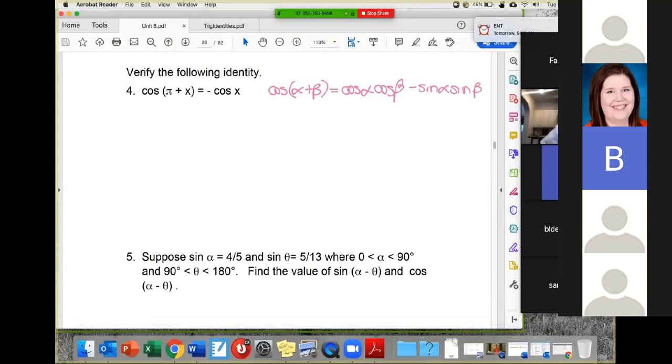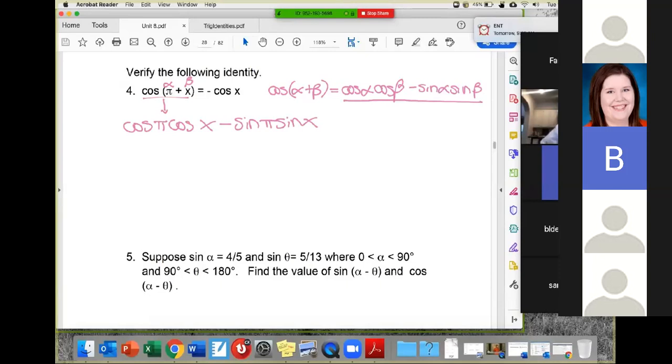Using that formula to expand this, I have to use pi as my alpha and x as my beta. Okay, so using that formula, that is going to expand to cosine pi, cosine x, minus sine pi, sine x. So anywhere I see an alpha in this formula over here, I'm putting a pi. Anywhere I see a beta, I'm putting an x.